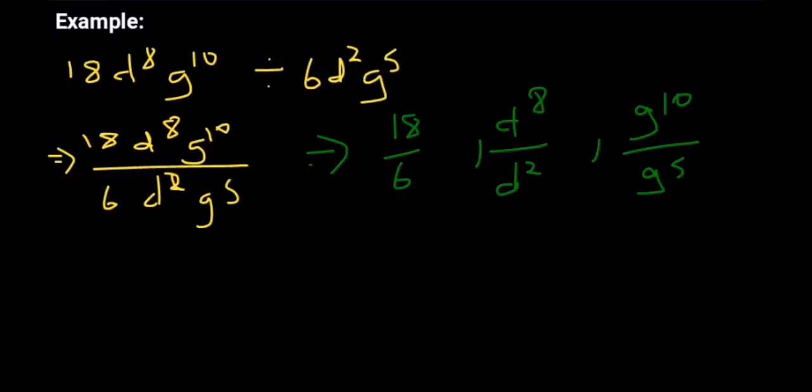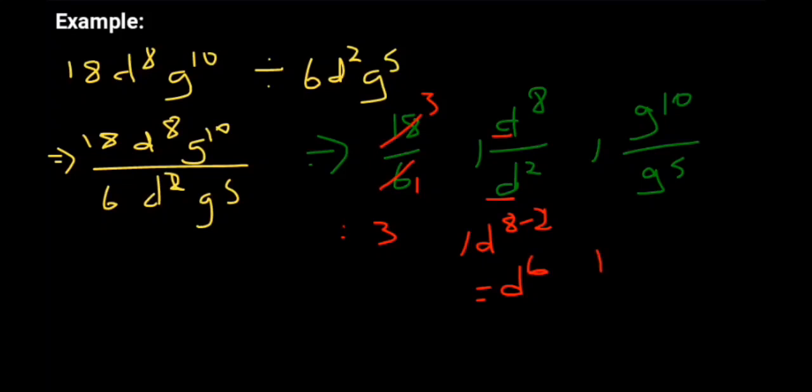We're now going to simplify our numbers. So we have 18 divided by 6. We know 6 into 18 goes 3 times. So that answer there is 3. We now have d to the power of 8 divided by d to the power of 2. Our d's are the same, so we write our d, and we know that 8 minus 2 gives us d to the power of 6. This is according to the indices rules we've learned previously.